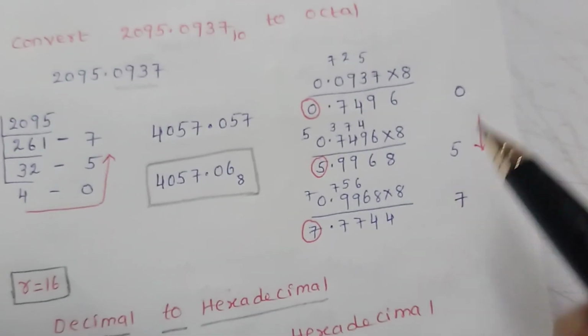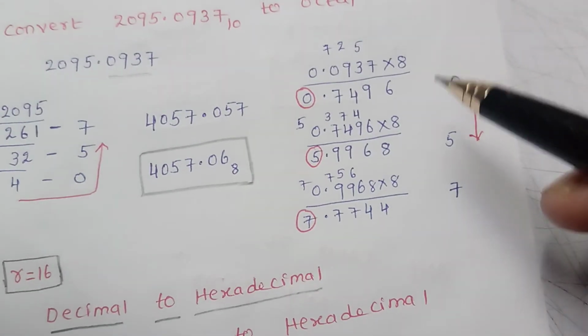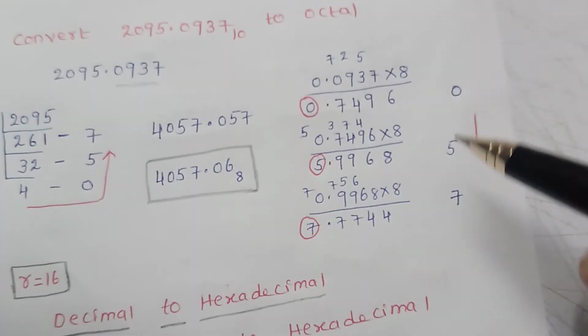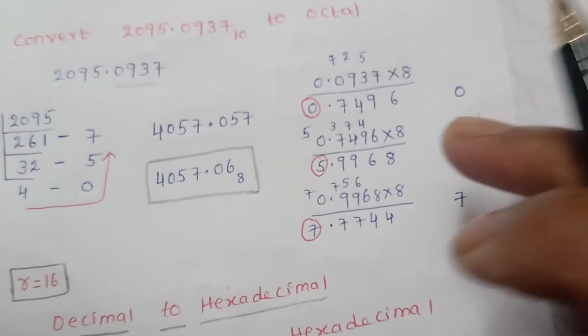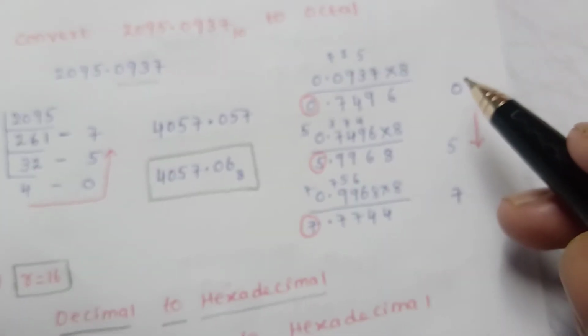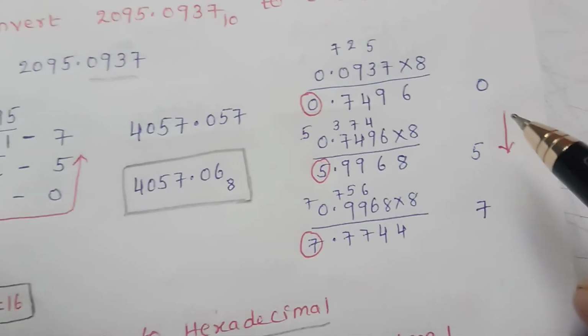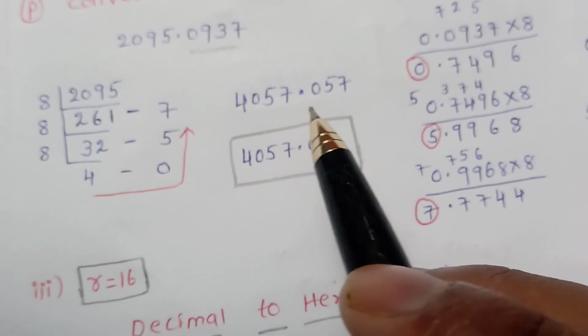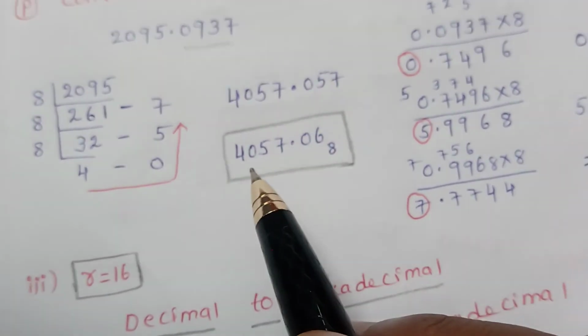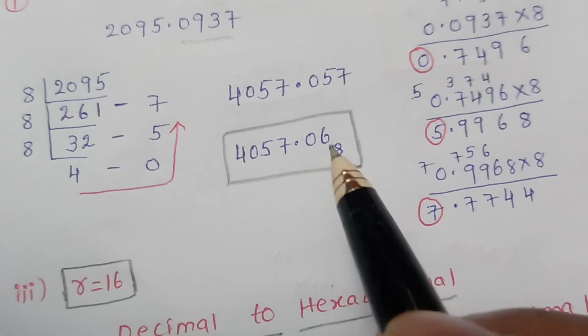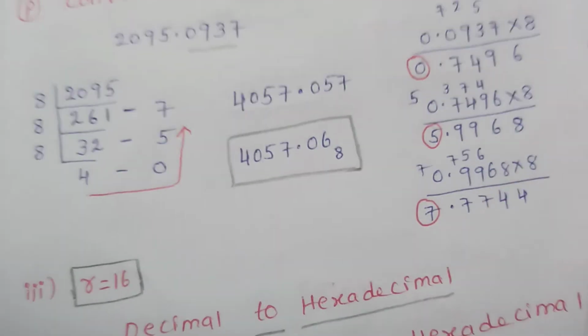Take this 7 outside. You have to do this multiplication 4 or 5 times. It is enough, then you can stop. A very important point: you have to take from top to bottom. Is it clear? 057. Now if you observe 4057.057, you can write it as 4057.06, which is an octal number.